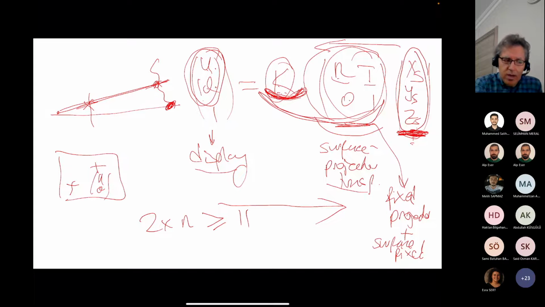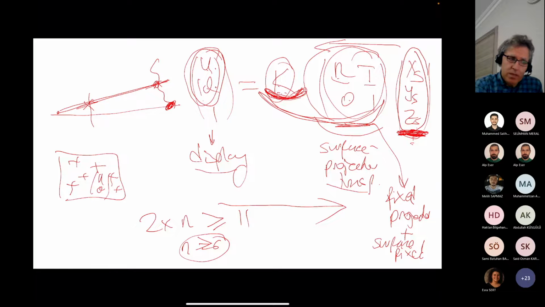So n is, in that case, 6. If n is larger than 6, then I solve this. Give me 6 points here with known coordinates, measure their coordinates, and I have this calibration available to you.